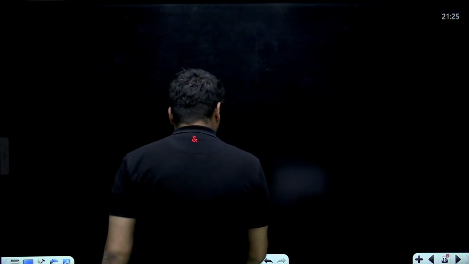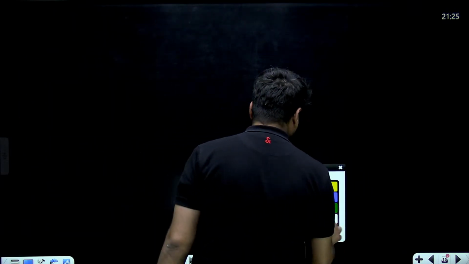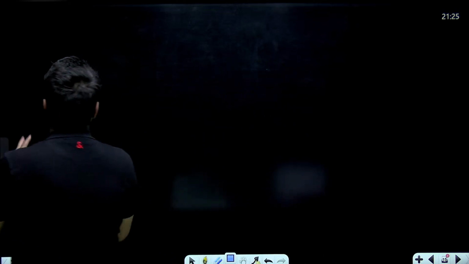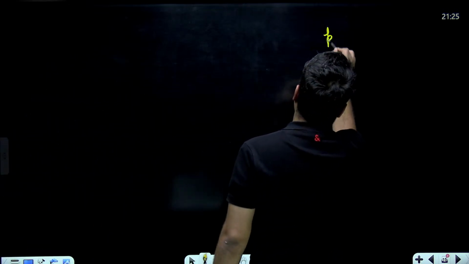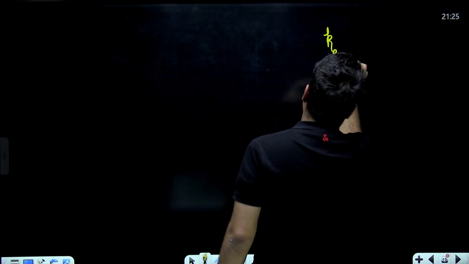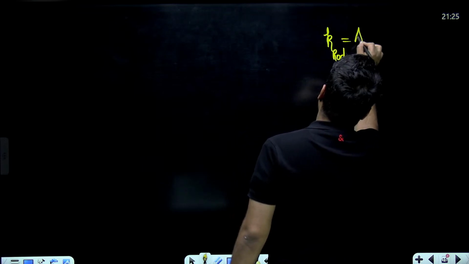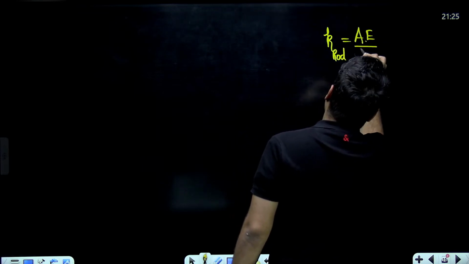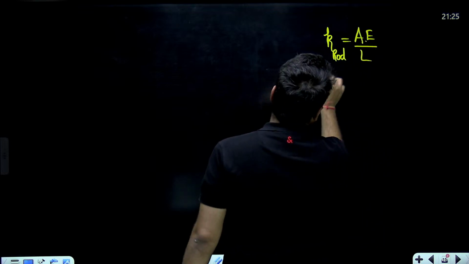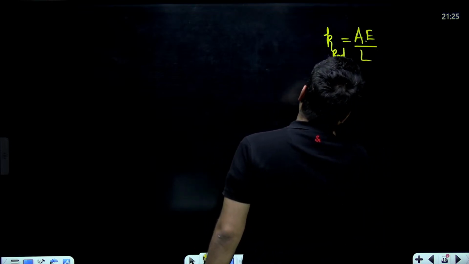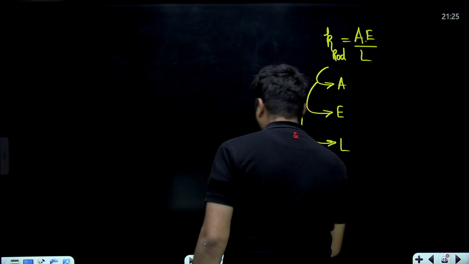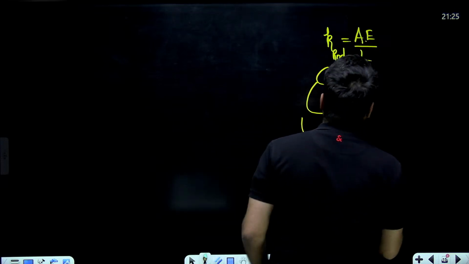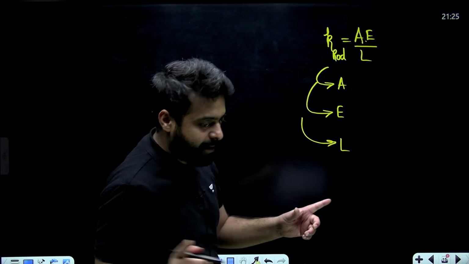If you have a rod of the same length and the same parameters, first I'll tell you what the spring constant for the rod is. For the rod, it is AE by L. So in that parameter, what happened to A, what happened to E, and what happened to L, which create changes in K.